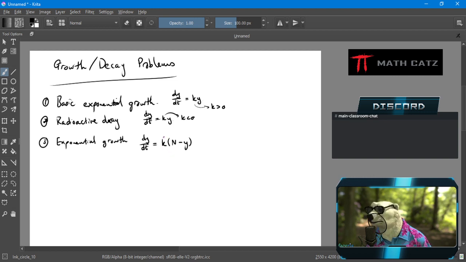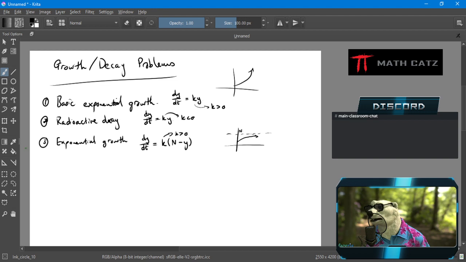So we still have a growth constant here, but now we're looking at the growth being proportional to something else. And we saw, in comparison to the basic exponential growth, that we now had a capacity line, and I start with my initial population and it's going towards that capacity, but it'll never get there. The closer it gets, the slower it grows.